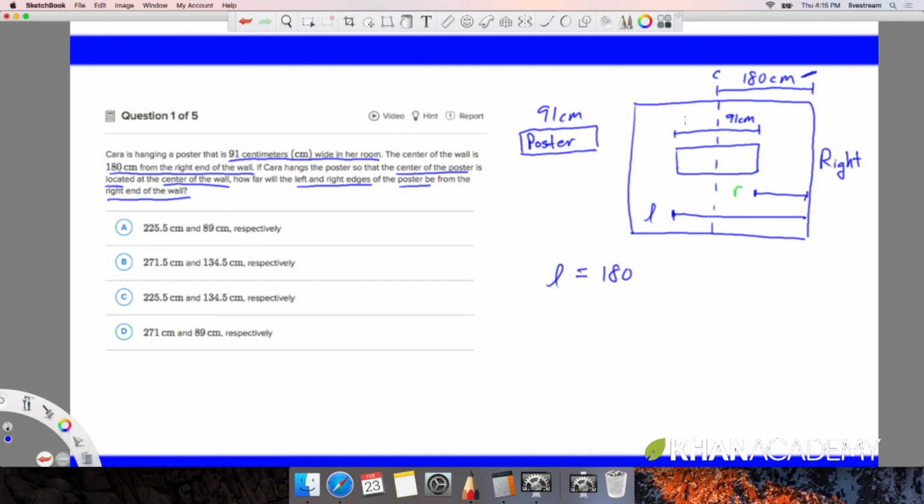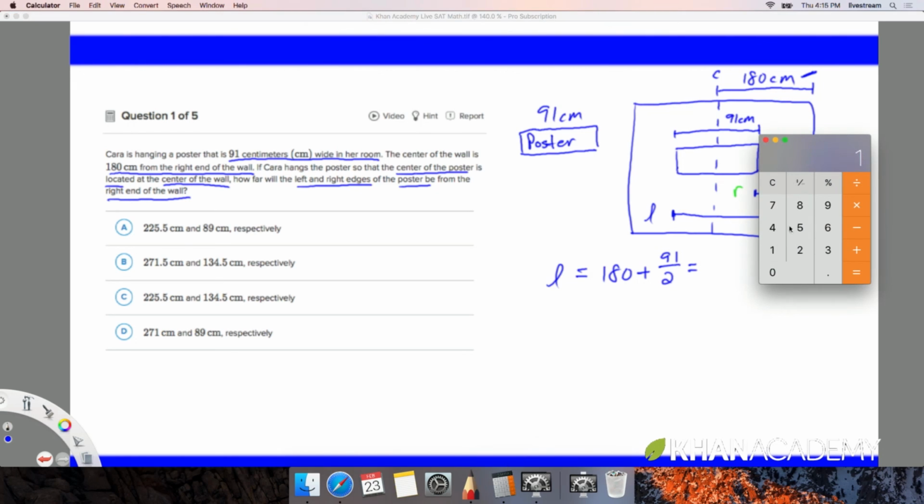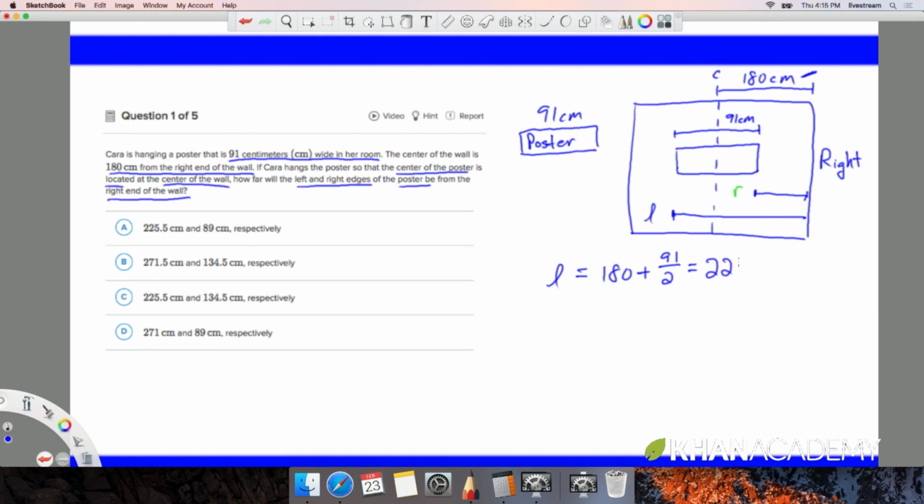And because I know that this poster is 91 centimeters wide, I can add 91 divided by 2. And so then this should get me the value of L. And so if I do open up this calculator, I've got 180 plus 91 divided by 2. And that'll get me 225.5.